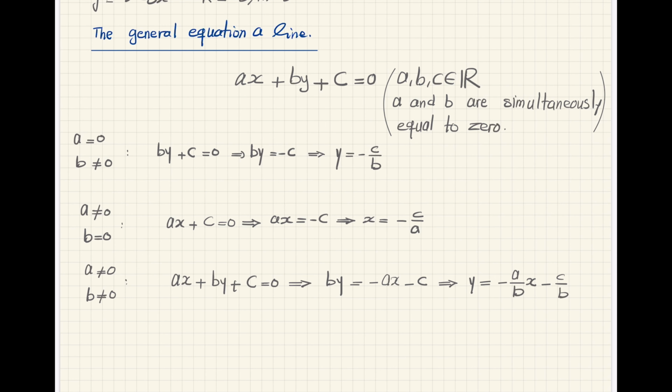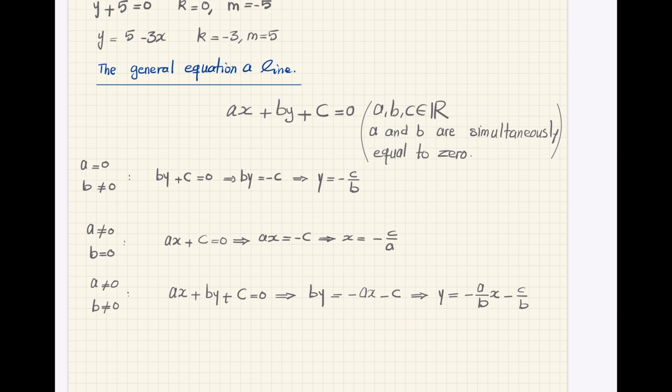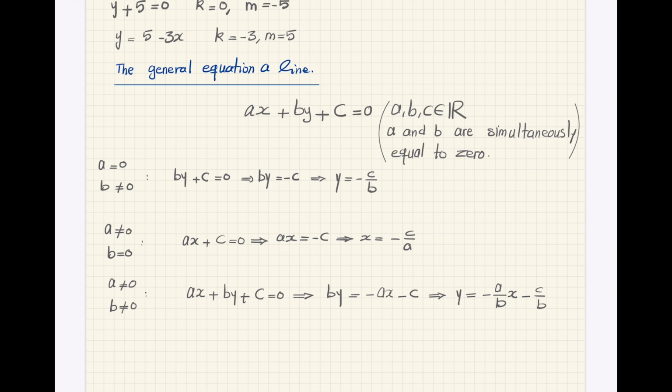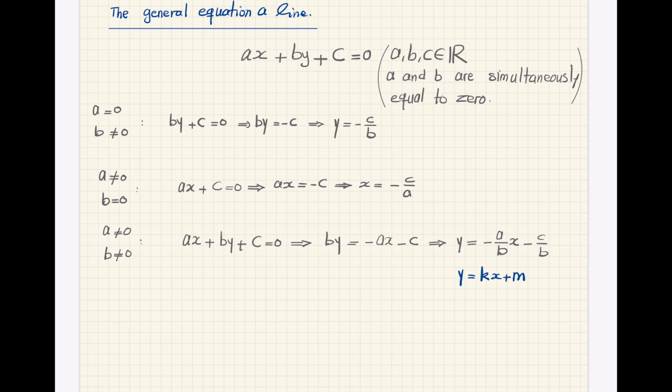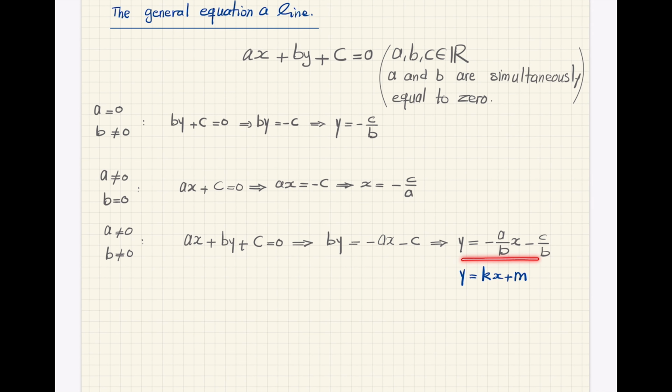over b. Now let me write this equation so that below it, that equation was kx plus m. Now you see, is it comparable? Is the form of this comparable to the form of this? I would say yes, if I choose k value to be minus a over b and the m value to be minus c over b.